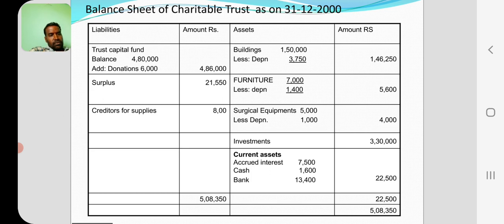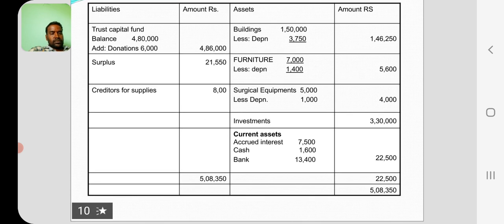Current assets: accrued interest 7,500, cash 1,600, bank 13,400. Total is 22,400. The total balance sheet value is 5,08,000.